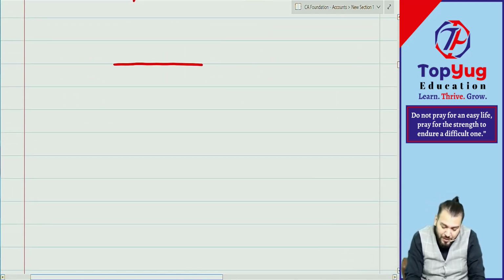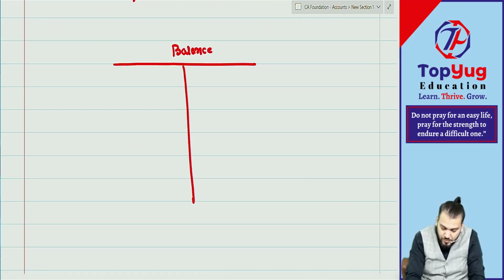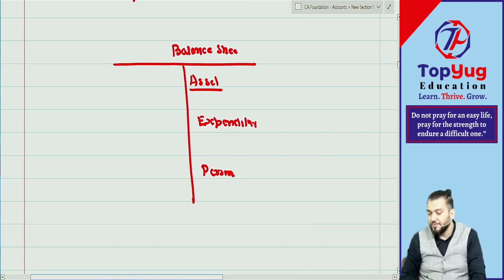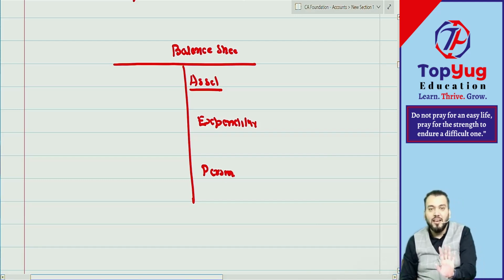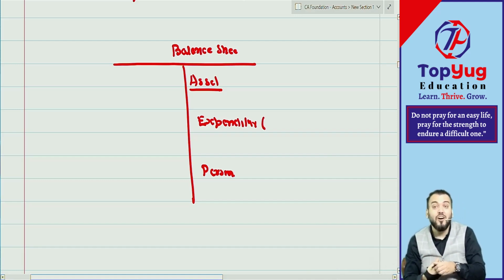Now, if I prepare a balance sheet, in the asset side there can be an expenditure or there can be a person. Both are assets. But which expenditure is it for which the benefit is not yet derived?